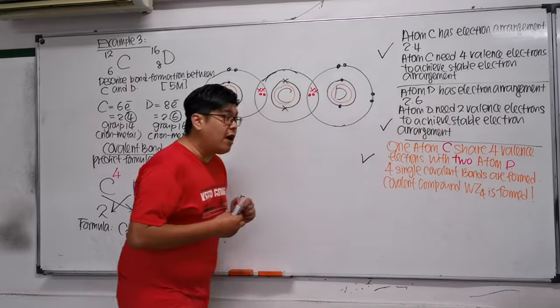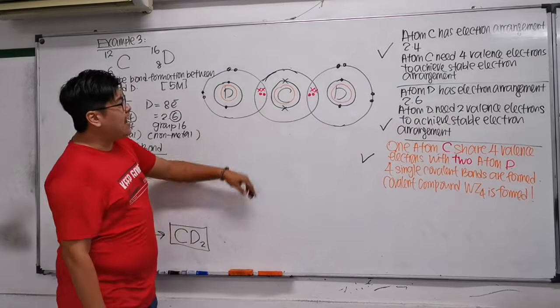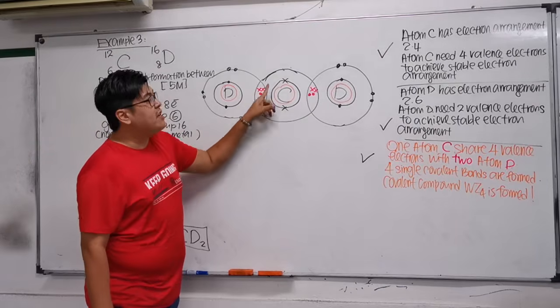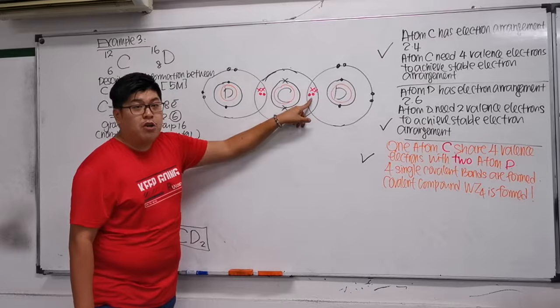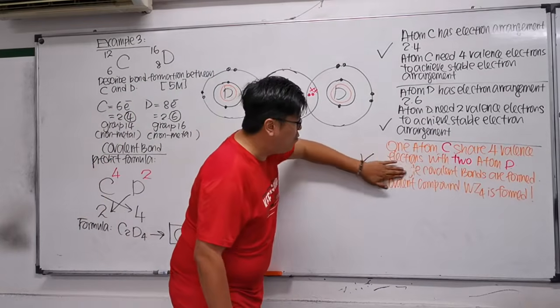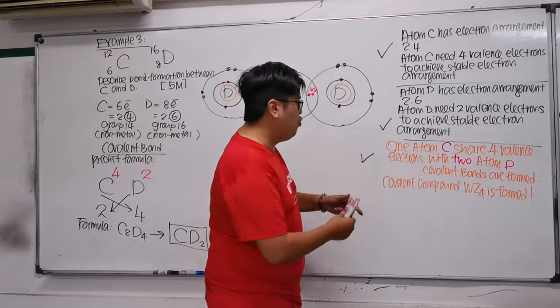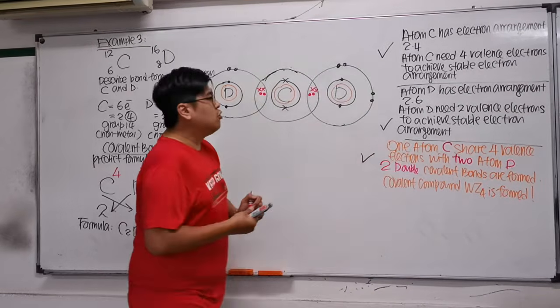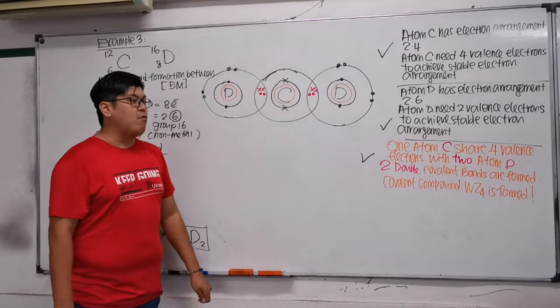Understand? So now what do you form, guys? 2 dots, 2 crosses. This is a double bond. You have 2 double bonds. So you form 2 double covalent bonds.